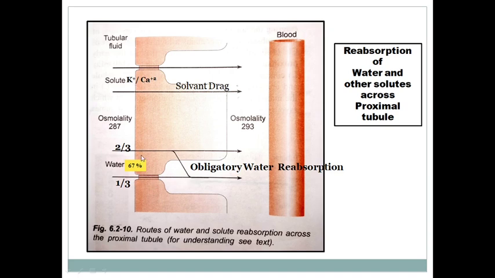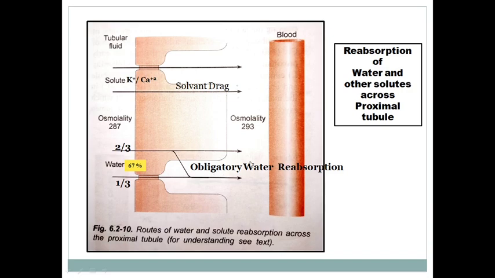And water reabsorption because of this osmotic gradient is called obligatory water reabsorption. It means this water reabsorption does not change according to the need of the body. This water reabsorption has to occur.